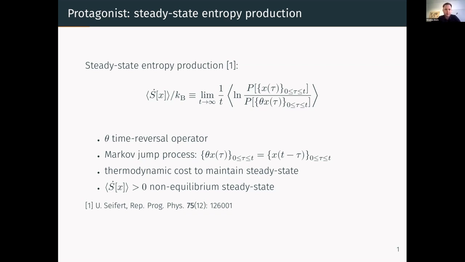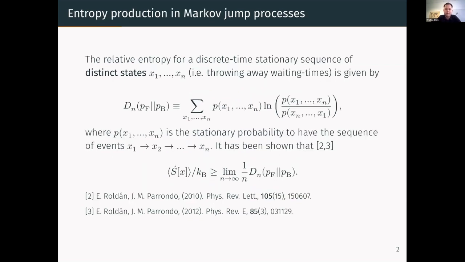And to narrow it a bit further down, we will focus on the steady state entropy production for Markov jump processes. And it has been shown that for Markov jump processes, you can provide a lower bound on the steady state entropy production by looking at the path probabilities of distinct states. So that means you are throwing away waiting times.